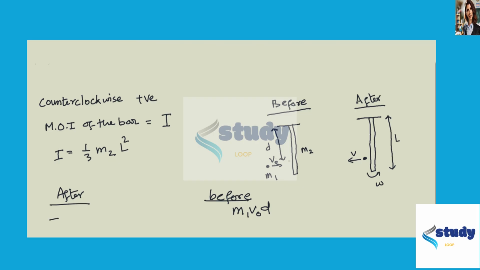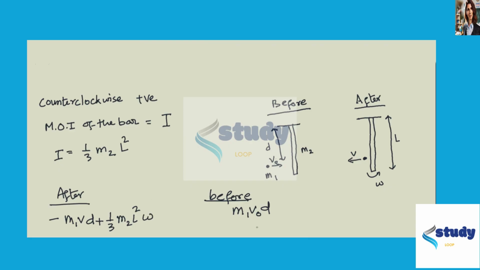It's a negative sign because it's going in the opposite direction, but it will be m1 times v, where v is the velocity after the collision, and d is again the distance from the point of hitting to the pivot point, plus, since the bar starts swinging, the angular momentum will be I times omega, where I is 1/3 m2 L squared, times omega.